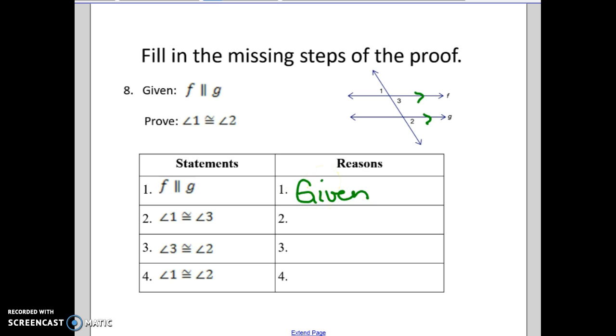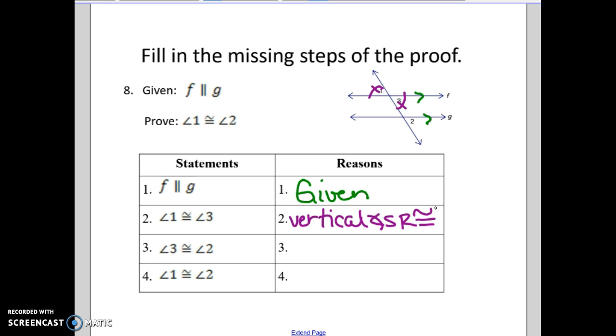And then they say that angle 1 is congruent to angle 3. Well, angle 1 is congruent to angle 3 because why? What kind of angle pair are they? They are vertical angles, and we can say vertical angles are congruent. Okay.